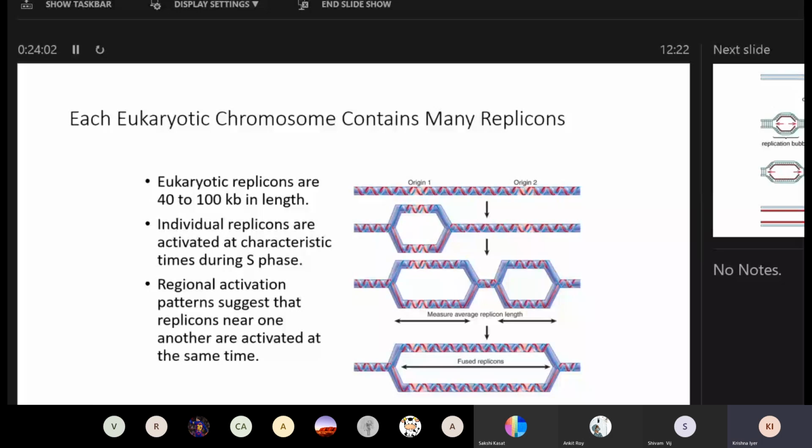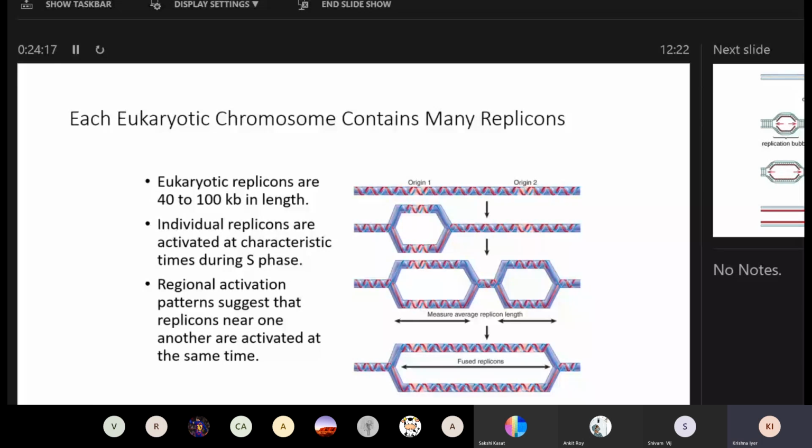But as this is happening, replication might also begin at another origin, and from there also, the forks will start moving in either direction. When this fork and this fork meet, they will merge, and that will finish the replication of this strand.